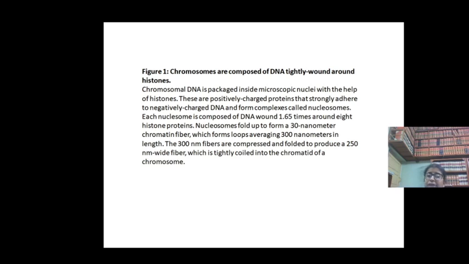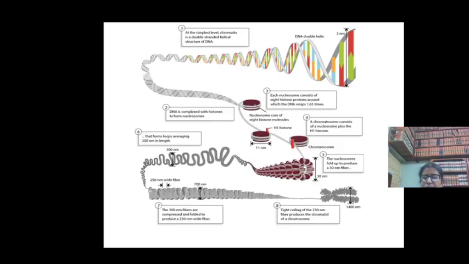Then the 300 nanometer fibers are compressed and folded to produce a 250 nanometer wide fiber. So how does it look like? It looks something like this. So from step 5, the nucleosome folds up to produce a 30 nanometer fiber, and from there it forms loops averaging 300 nanometers in length.